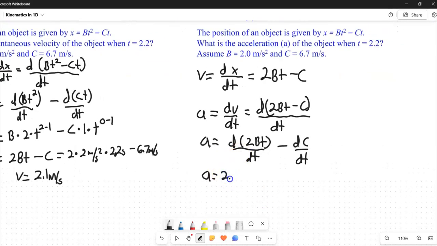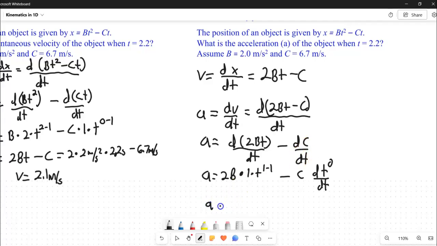I'm going to take just the 2b to the front, and then we're going to multiply this. So the t to the first, the 1 is going to go here, and this is going to be t to the 1 minus 1. That looks weird, it looks like an h. Minus c times the derivative of t to the 0, which is just 1, so 1 times negative c.